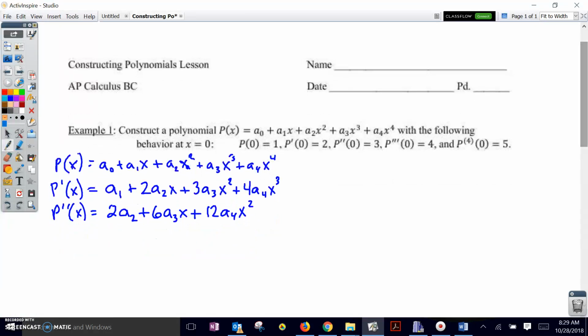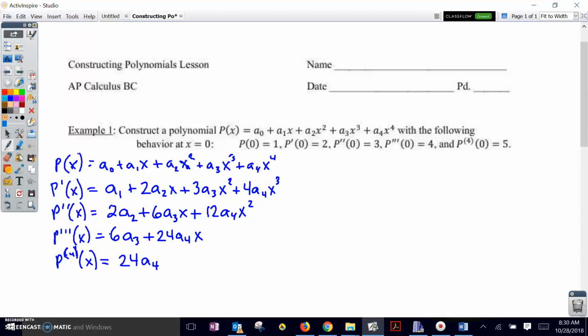And the third derivative is going to be 6a sub 3 plus 24a sub 4x. And the fourth derivative is just going to be 24 times a sub 4.